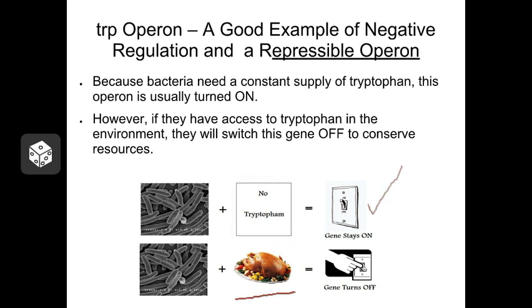If you send that tryptophan down, your little bacteria are going to get very excited. They're going to realize that they no longer need to make tryptophan, and so they are going to need to turn that operon off. Because this set of genes is on most of the time, but occasionally needs to be turned off or repressed, we say that tryptophan is a good example of a repressible operon.